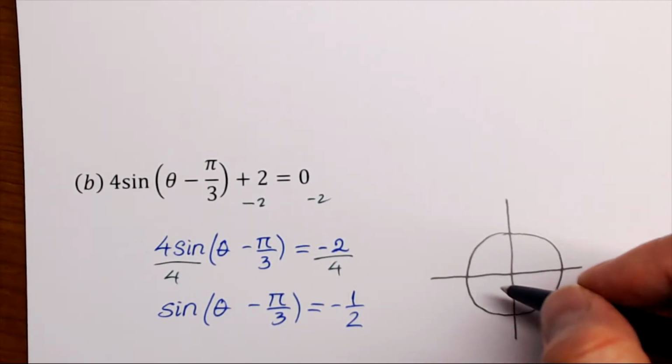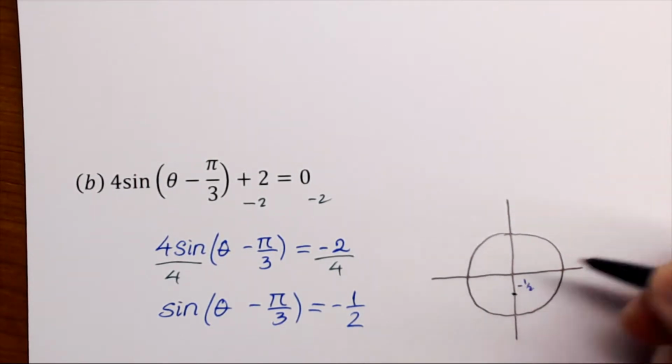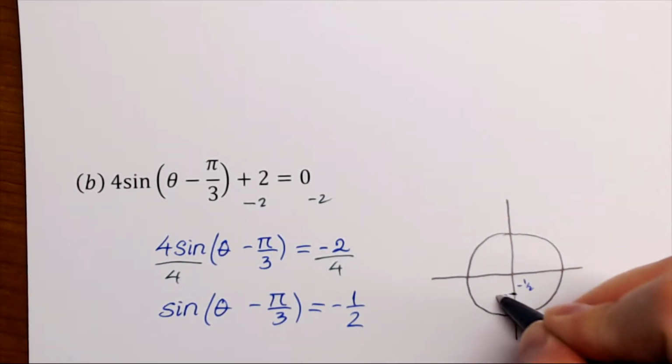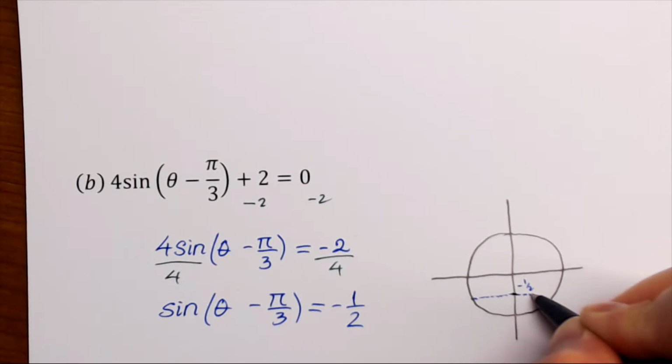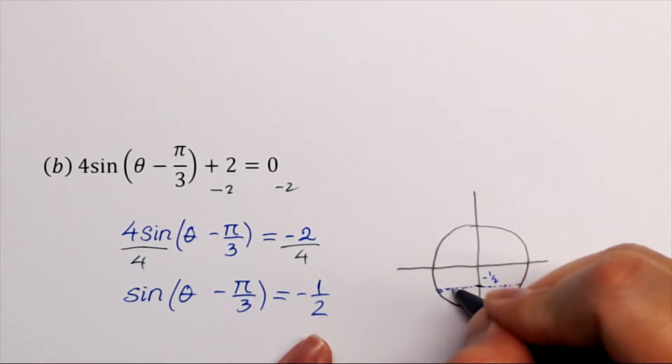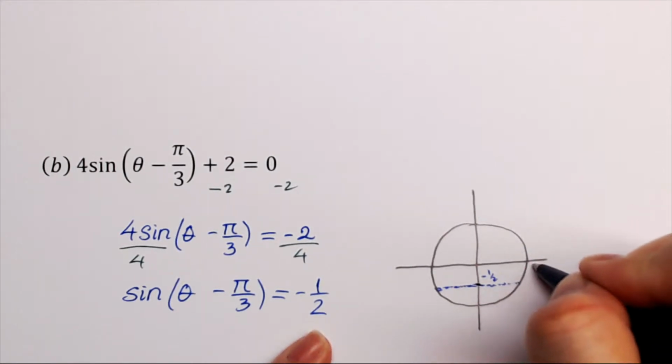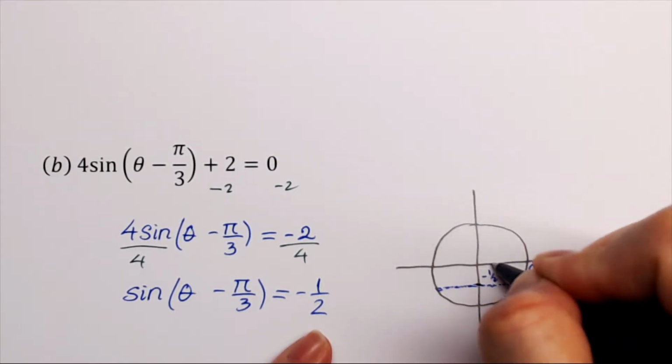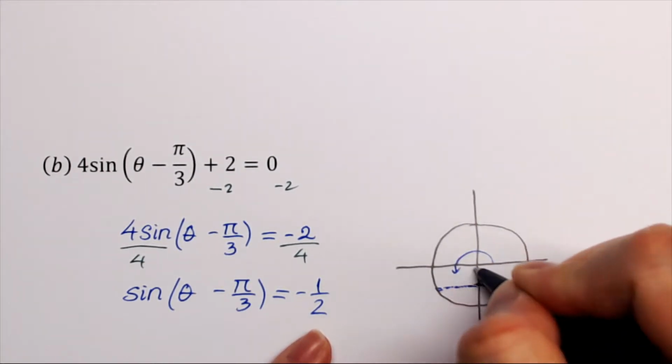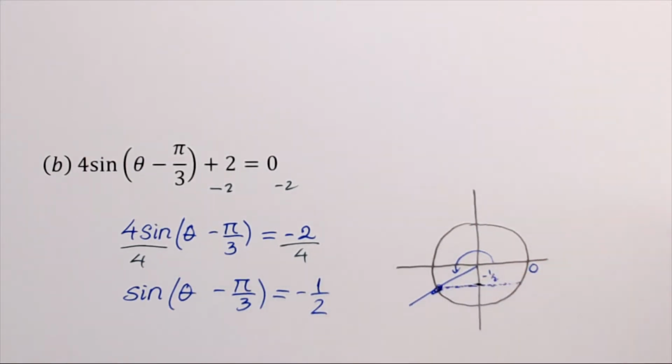Now let's just take a look at the unit circle real quick. Cosine is associated to the x values. So we have x is square root of 3 over 2. So that's more than 1/2. So we're going to have this point.